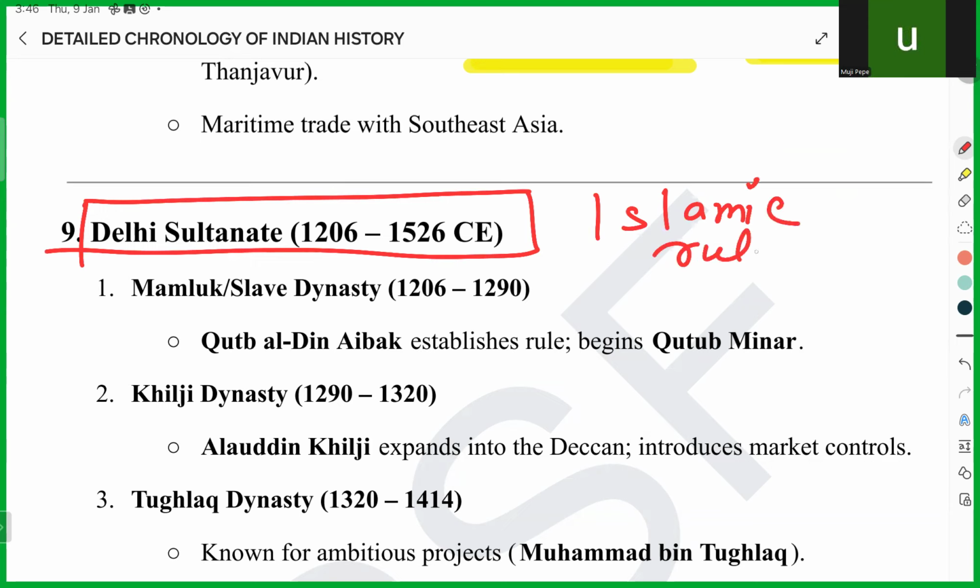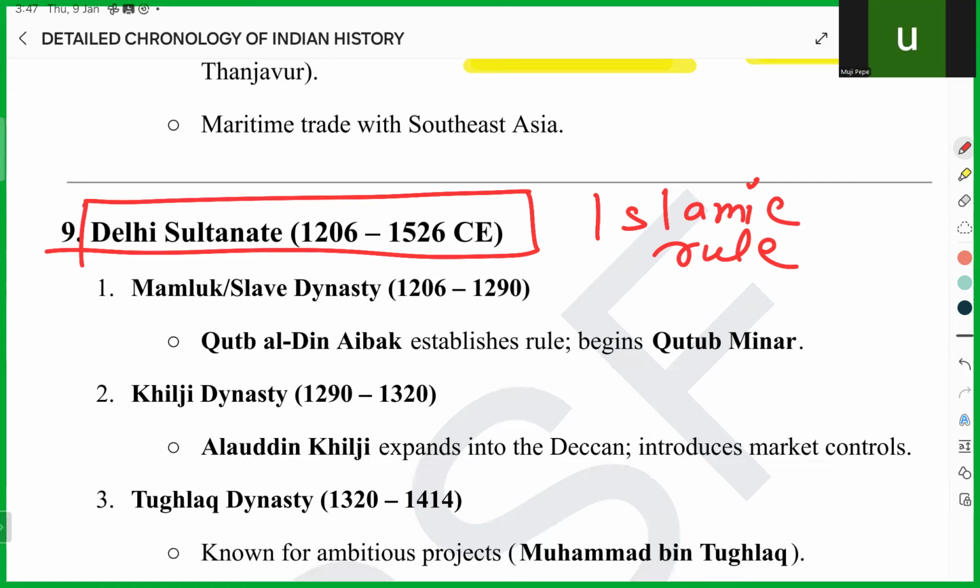Please don't be confused. The Islamic rule in the initial stages was limited only to a certain part, the northern part of India. And these Delhi Sultanate people were a mixture of Afghan and Turkish lineage. Some of them were Afghans and some were Turkish.